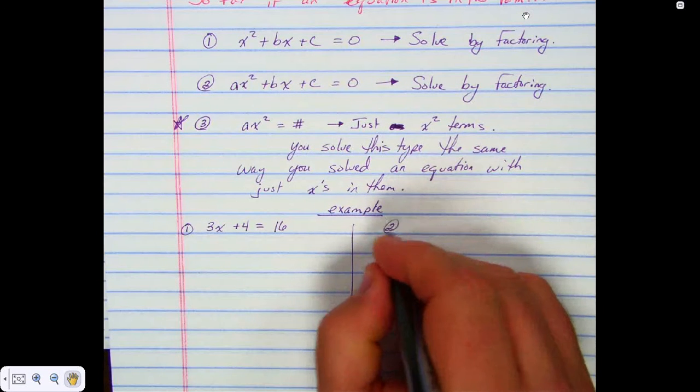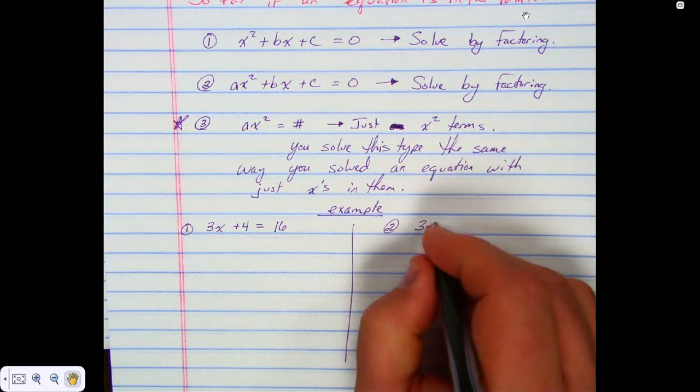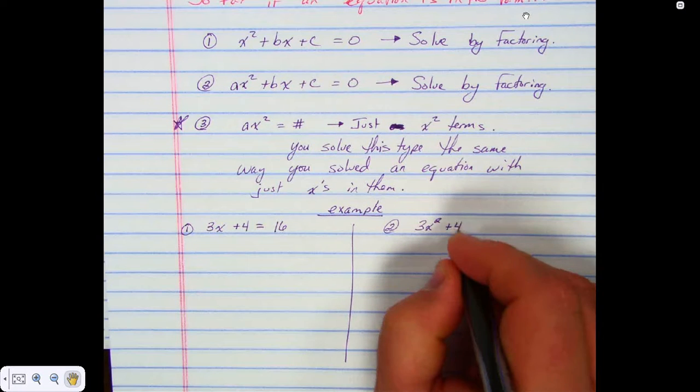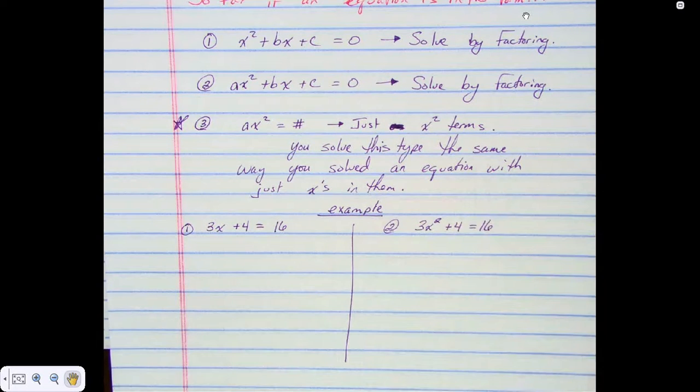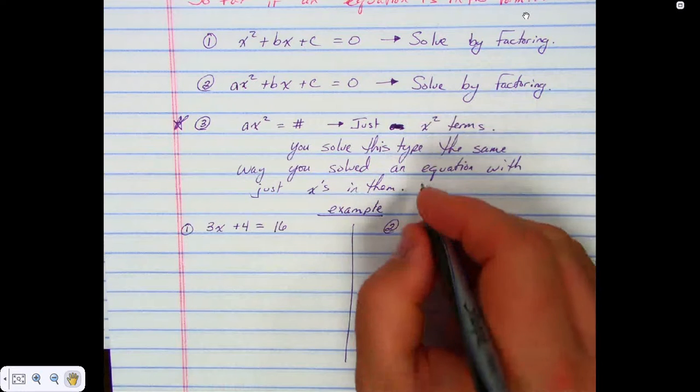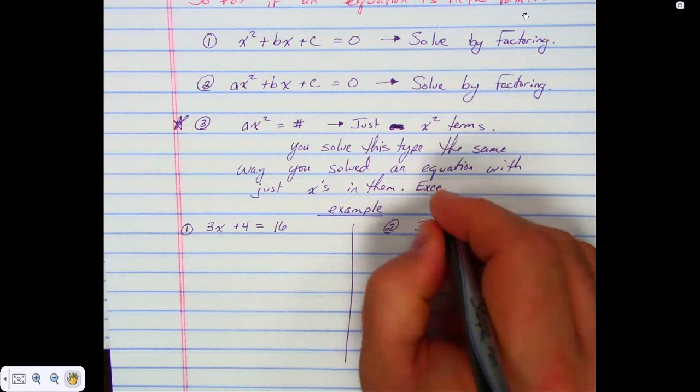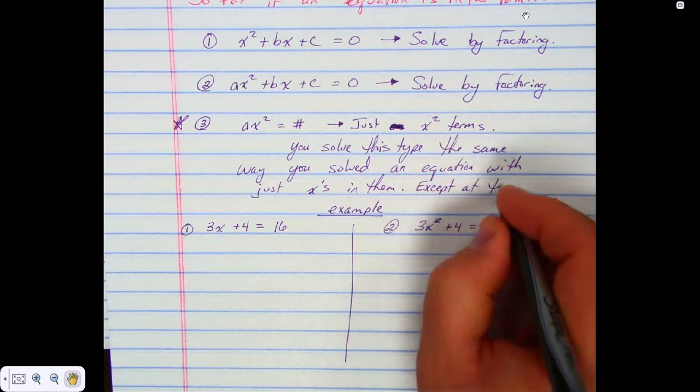Example 2: 3x squared plus 4 is equal to 16.